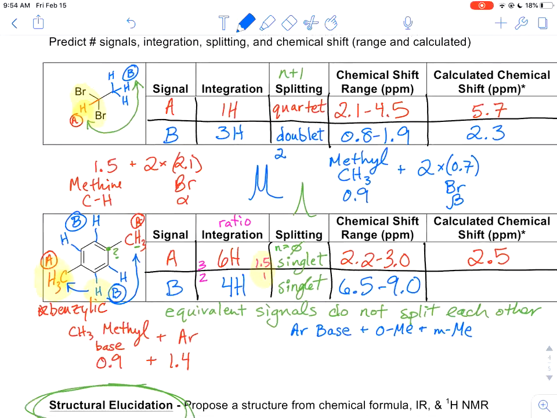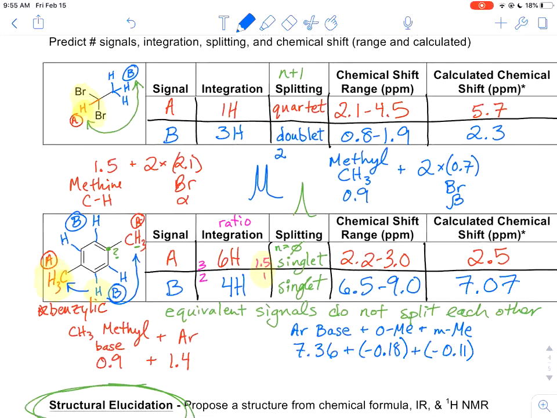Those were passed out in class, and they're available online. We start with our aromatic base value of 7.36. We add to it negative 0.18. You can just subtract it, it's fine. Add negative 0.11.